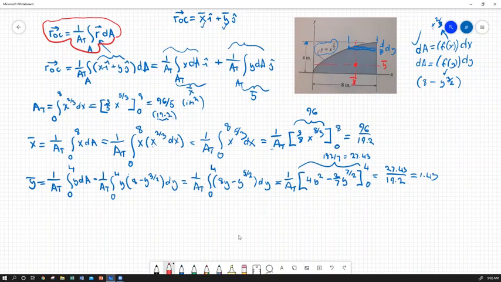If we had a volume, it'd be 1 over the total volume times the integral over that volume or length or area times a radius vector from the origin or whatever point we're picking, some reference point to any little bit of length or area or volume integrated with respect to length or area or volume.